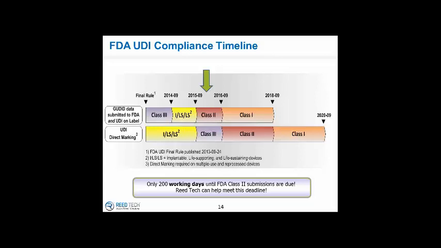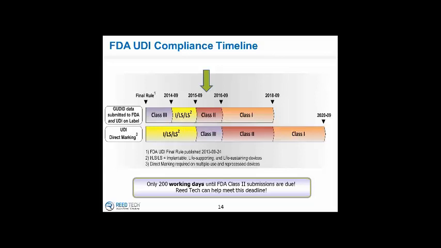A label on the product is intended to last at least to the time of administration, and most importantly for those single-use products. So if I receive a Band-Aid, I need to see that that Band-Aid has a device identifier on it until I actually put it on and apply it to use.